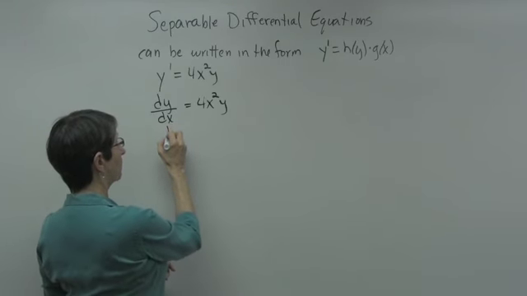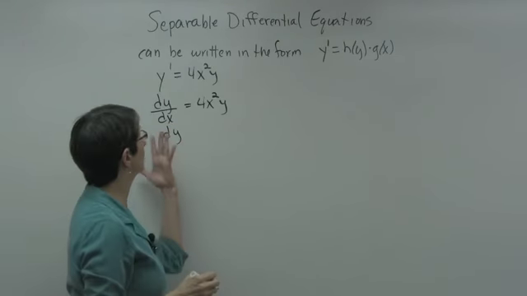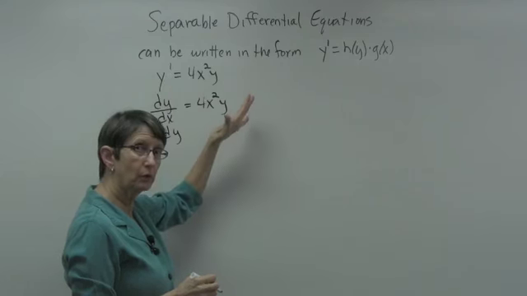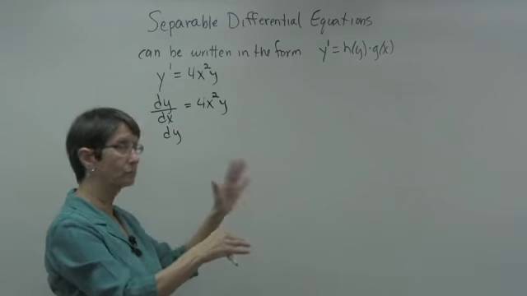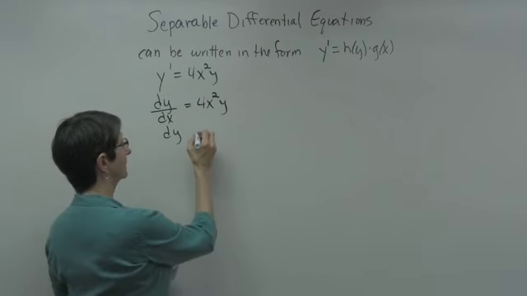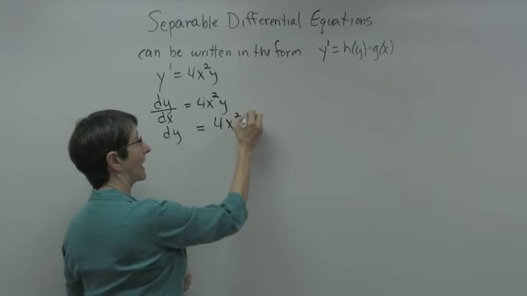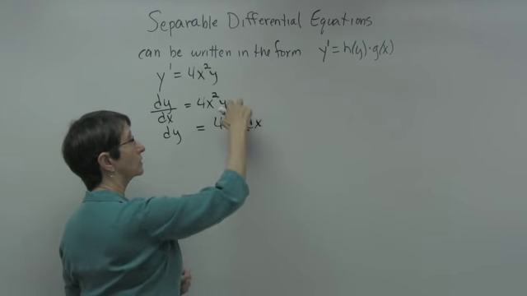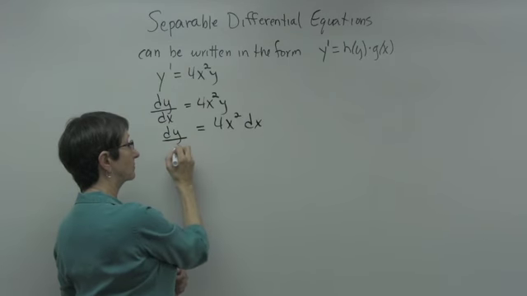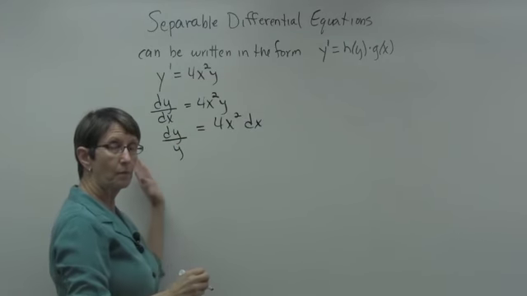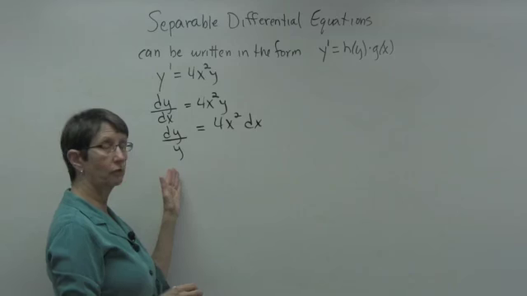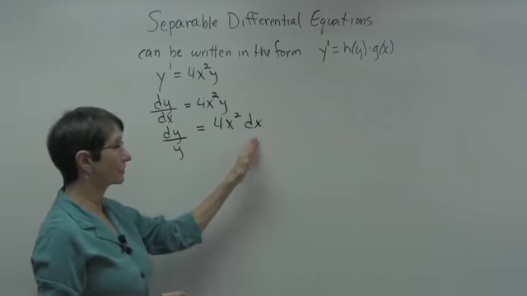I'm going to keep the dy over here, because usually if it starts off y prime equals, we want to end up with y equals. So the dy stays on this side. I'm going to move the dx to the other side, and at the same time, I'm going to divide both sides by y. So my equation now reads dy over y equals 4x squared dx.